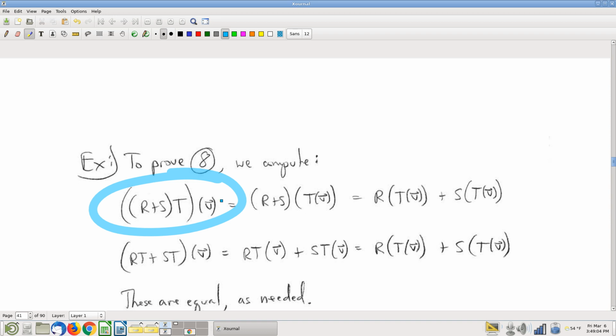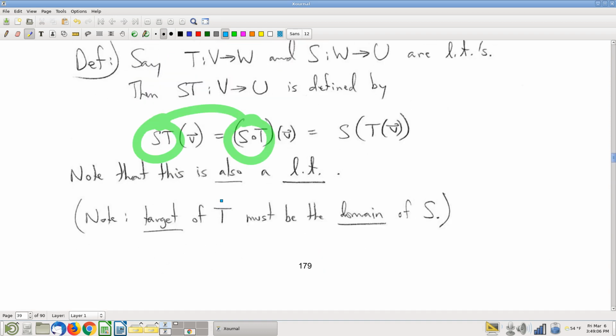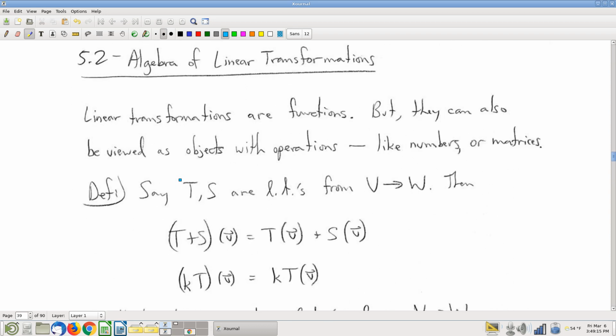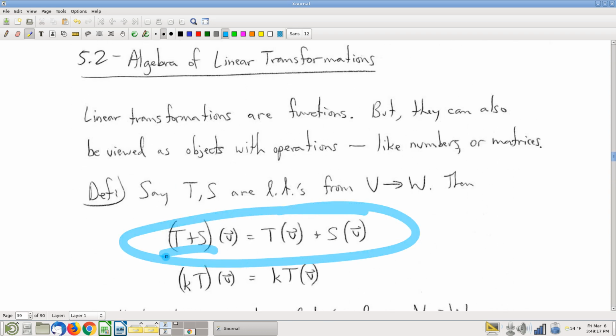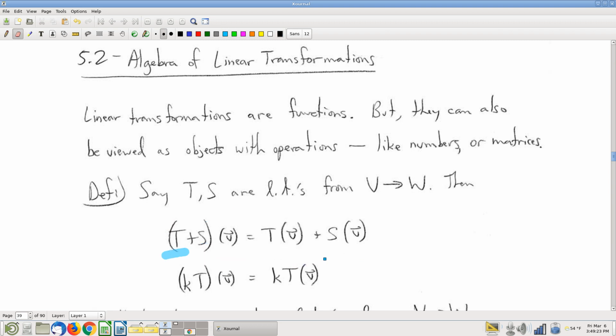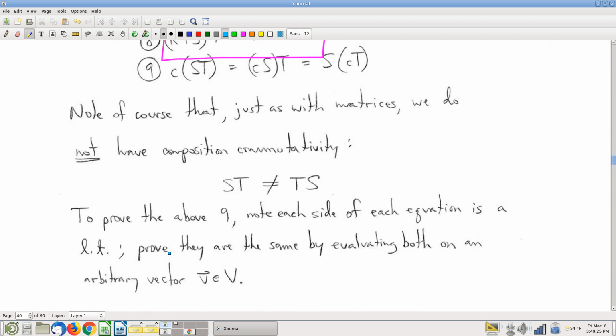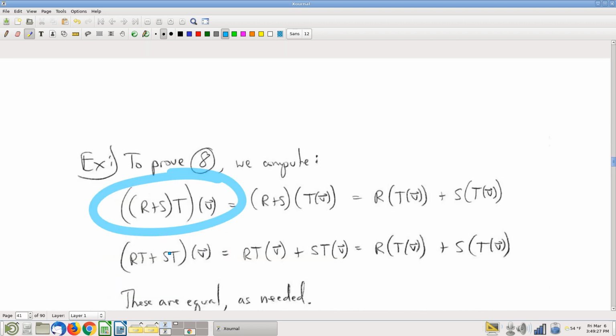You go a couple pages back here, and we have rules for how you multiply. Multiplies are compositions. So I'm just going to follow that rule. Here's how you add. You want to add two functions, you add their output values. I'm just going to literally follow the rules, and the result will follow immediately. So here we go.